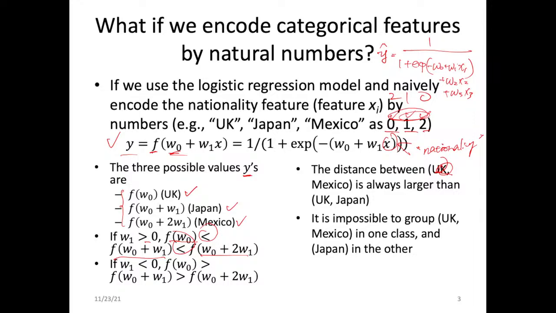And x1, x2, and x3 represent UK or not, Japan or not, and Mexico or not, respectively. So how much a certain nationality influences your target is characterized by W1, W2, and W3. That's why we usually use one-hot encoding instead of integers to encode the categorical features.